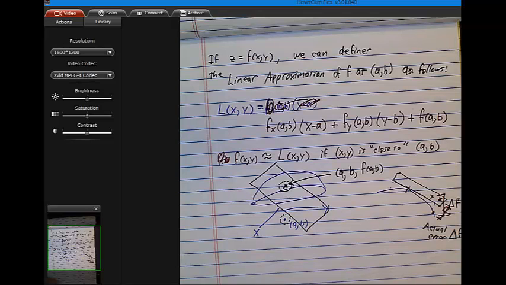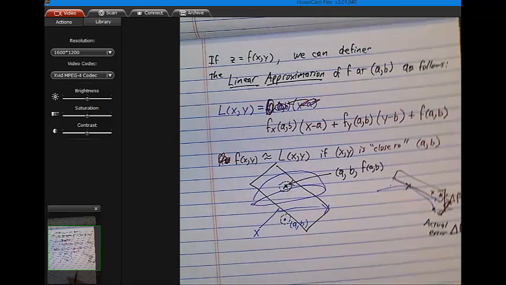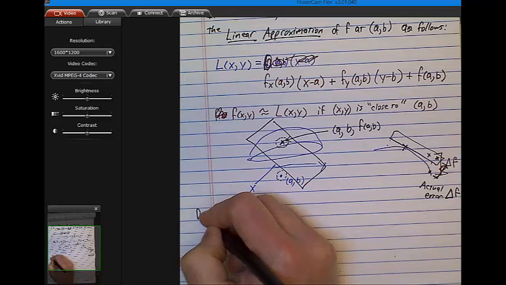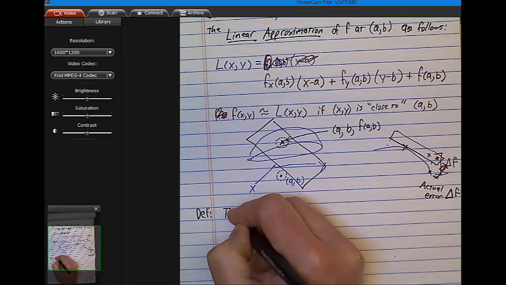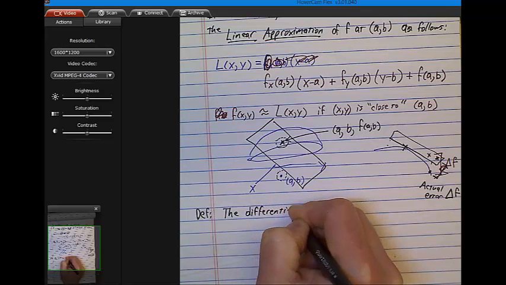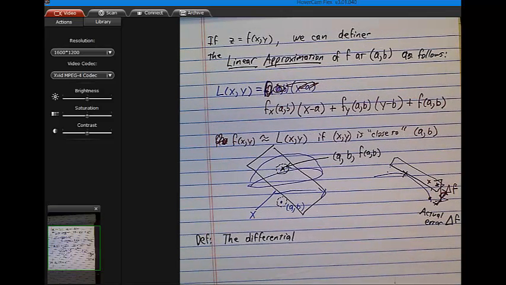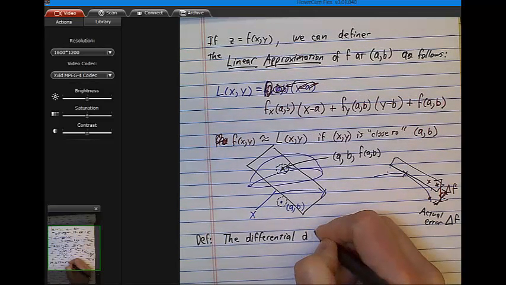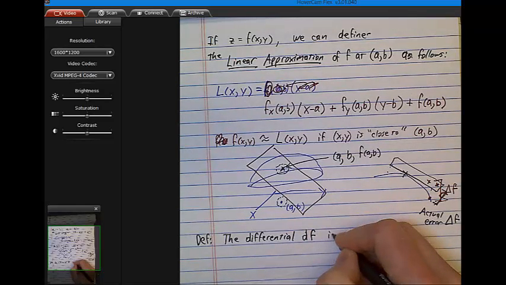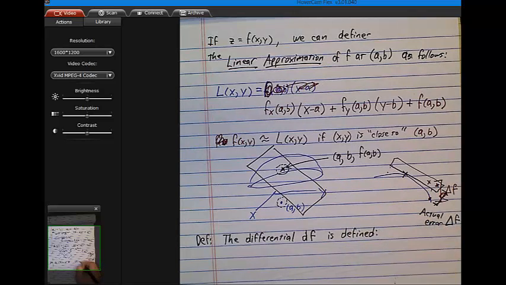But we've defined linear approximation. What I also want to do is define the differential. So the differential df is defined. Let me use the same notation your book does.